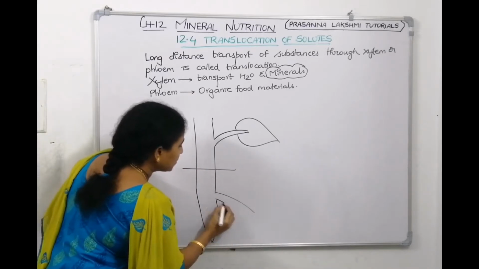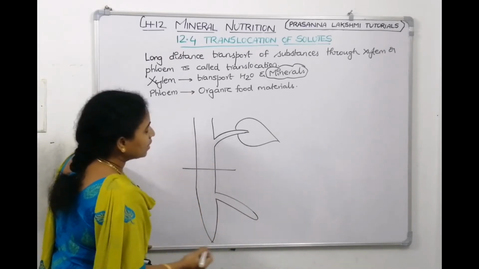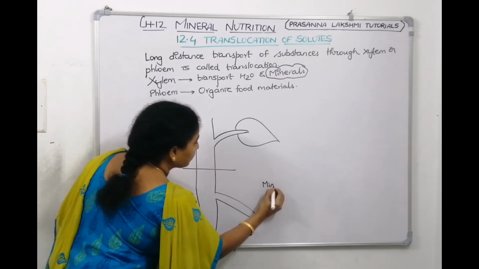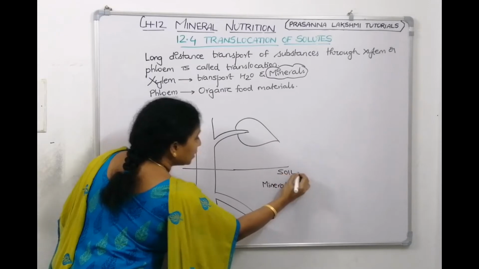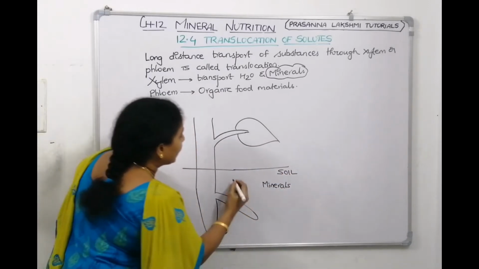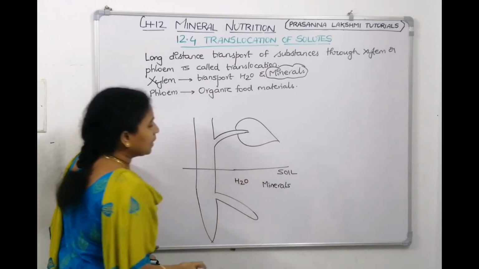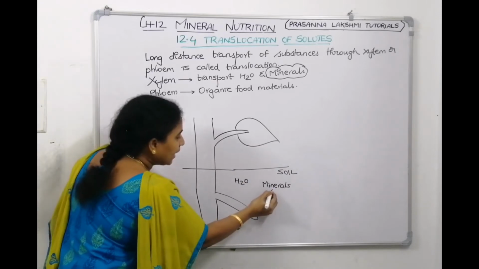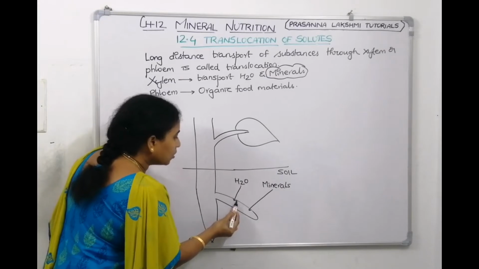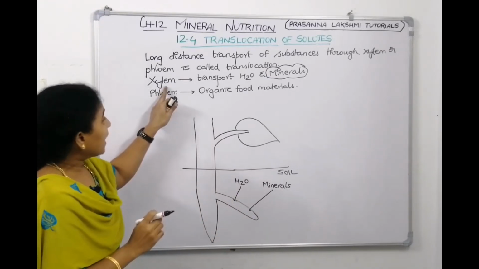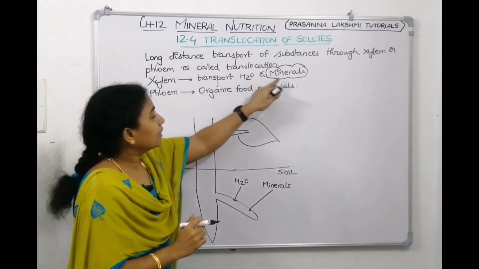Now this is a root hair, right? So here minerals are there. This is soil, and in the soil minerals are there and water is also there. Now the minerals are entering into the root. Water is also entering into the root, and we are saying xylem will transport water and minerals.